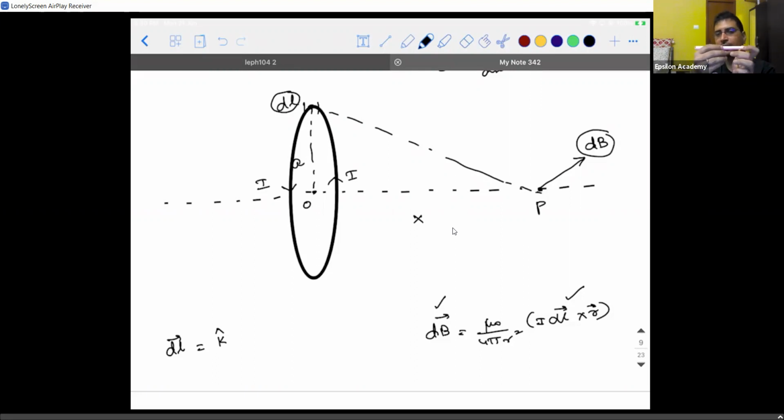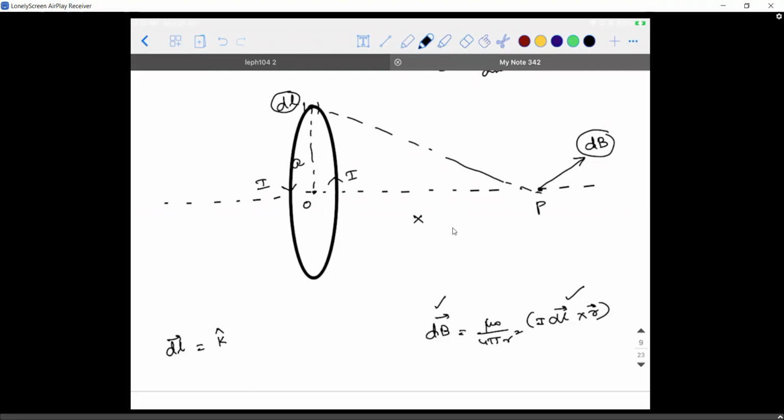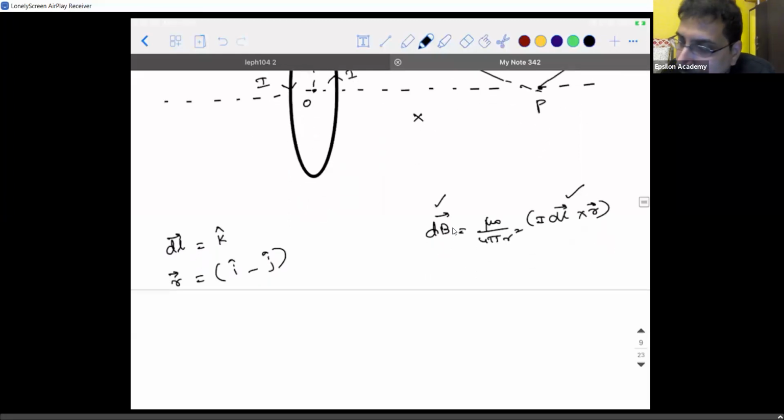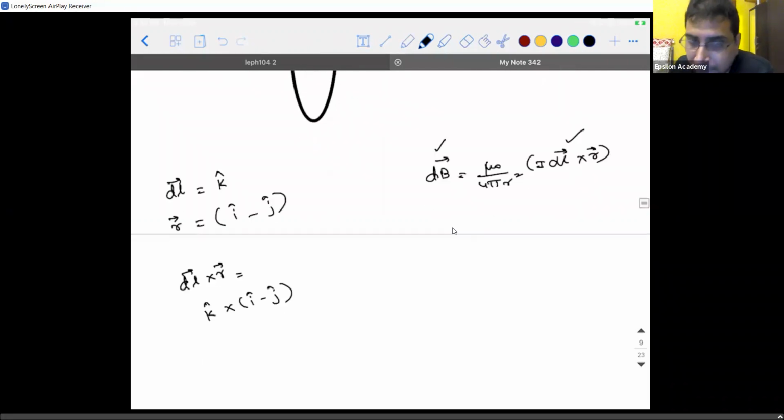Are you able to visualize this? Yes, sir. So P is in the fourth quadrant. So fourth quadrant means what do I write r vector as? Can I write it as i cap positive and j cap negative? Right. Then what is dl vector cross r vector, guys? Is it not k cap cross i cap minus j cap? Observe. What is k cross i?